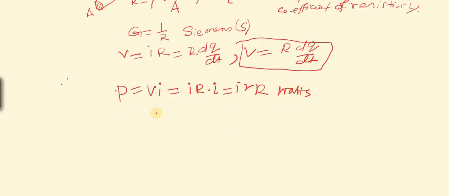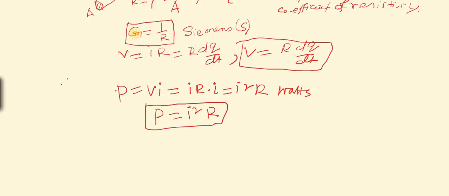Now this power P is equal to I square R. This is a normal equation, but in terms of conductance, G, inverse of resistance, we can write it out.